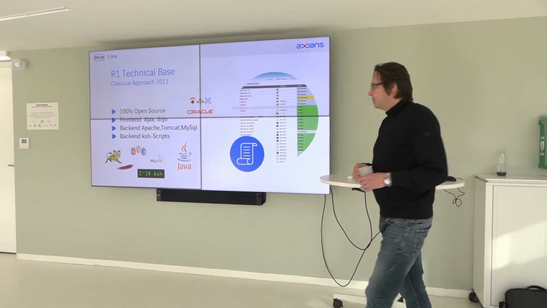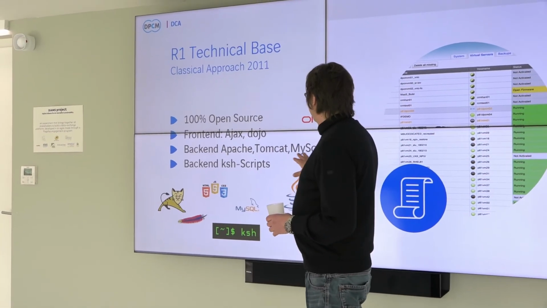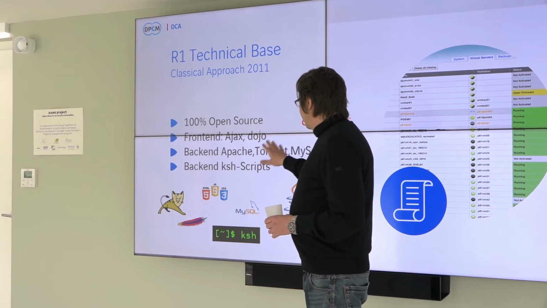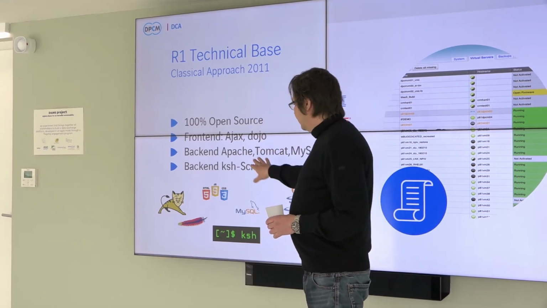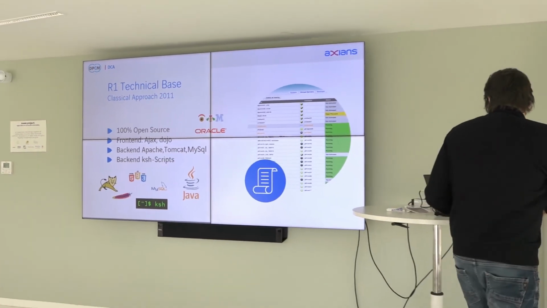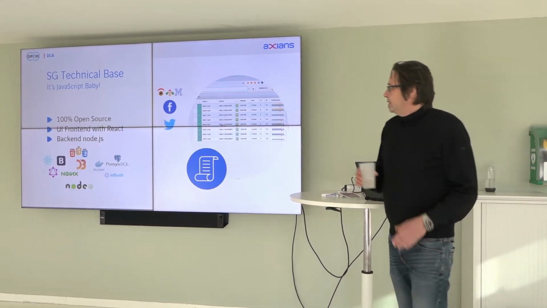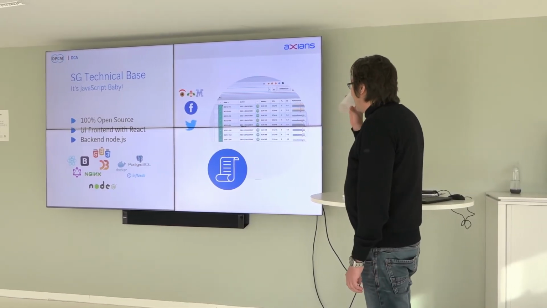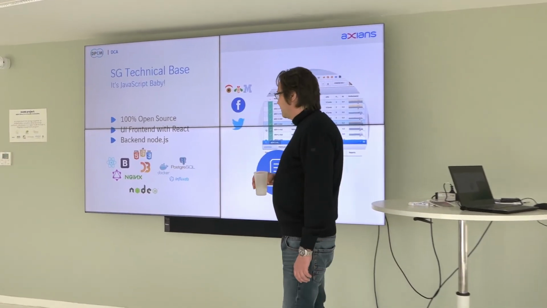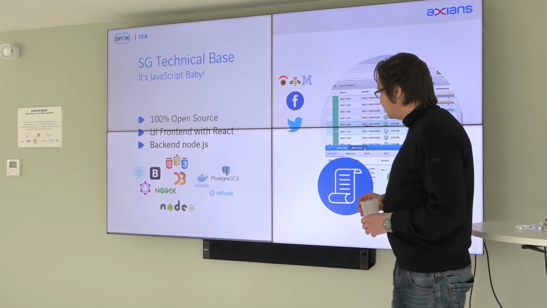The technical base for the first version was 100% open source, based on Ajax with Dojo, Apache Tomcat, MySQL at the backend, and KSH scripts which do the communication to the data center at the end. In the new version, Snowblues, it's all based on JavaScript, from the client to the backend.